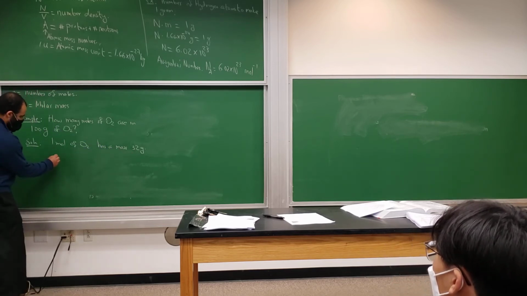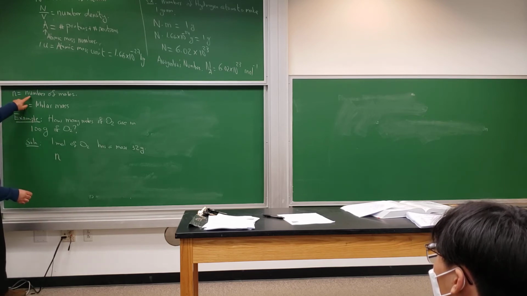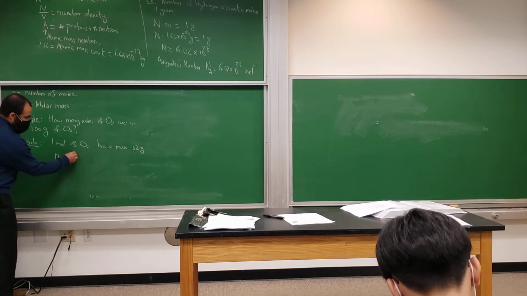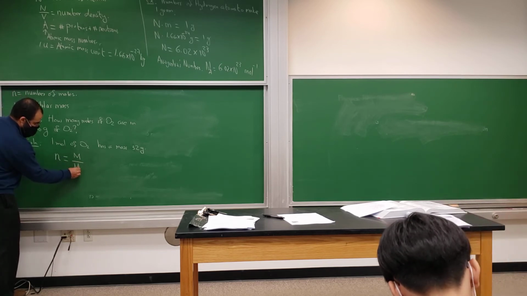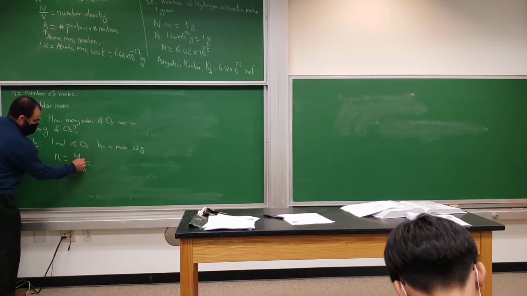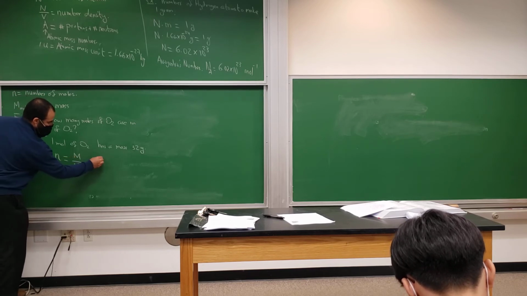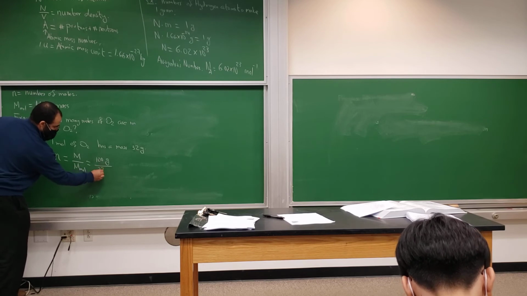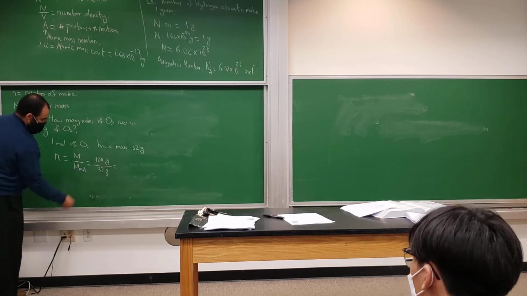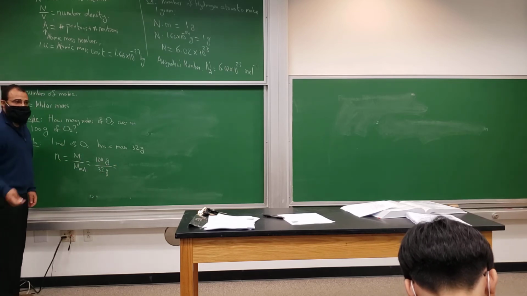So the number of moles, n, would be the mass of the sample that you have divided by the molar mass. The mass of the sample we have here is 100 grams, and the molar mass is 32 grams. So you get 3 something.